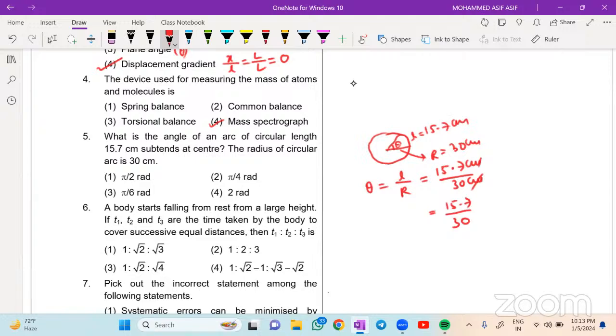Roughly you can tell me. The unit will be radians. 15.7 divided by 30 in terms of radians.